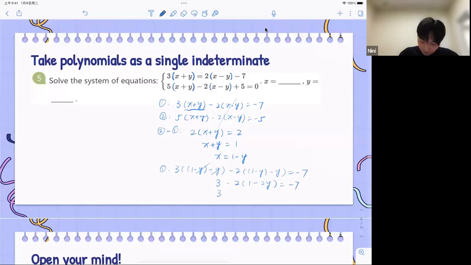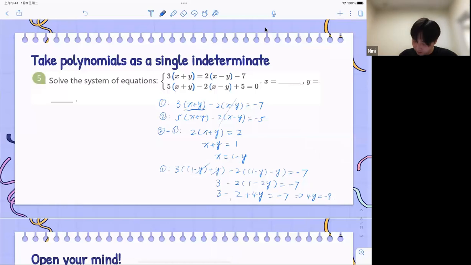Okay, so one more step to do it. Cool, almost done. So let's say we got 4y. This is 1, right? This is minus 7. So we move 1 to this side, which turns it to be 4y equal to minus 8.